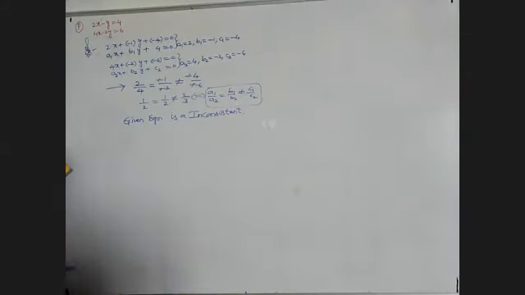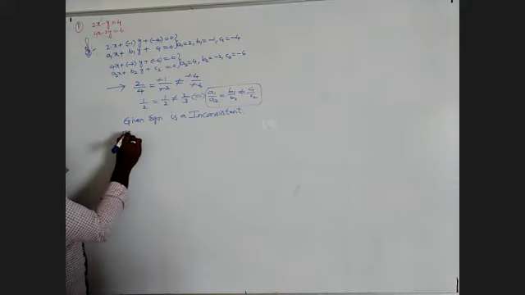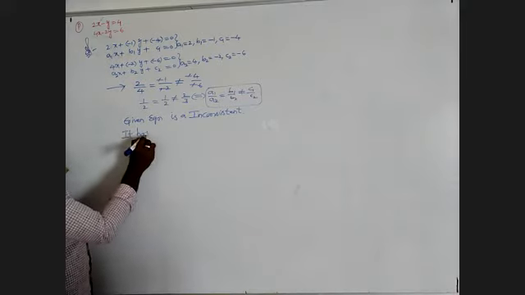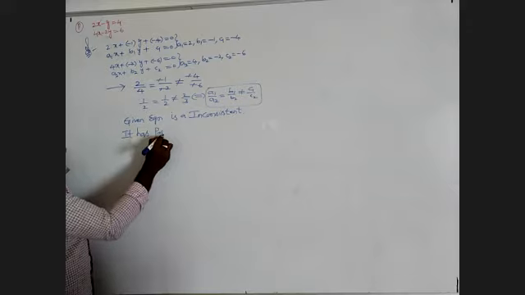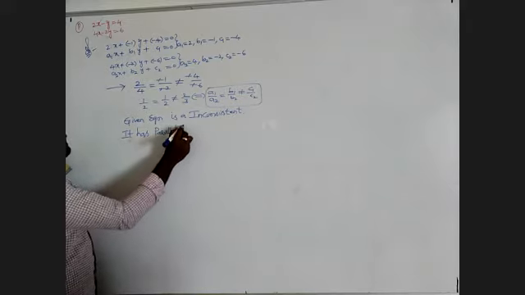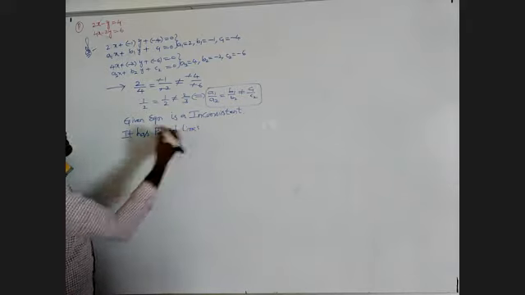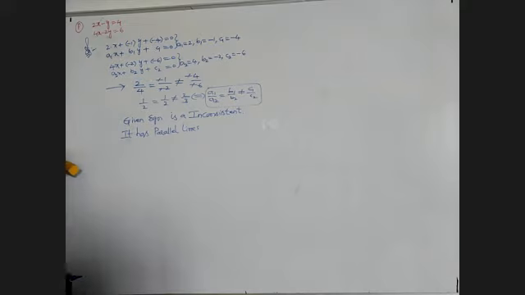When it is inconsistent, it has parallel lines. Already we discussed a1 by a2 does not equal b1 by b2 means it has intersecting lines.